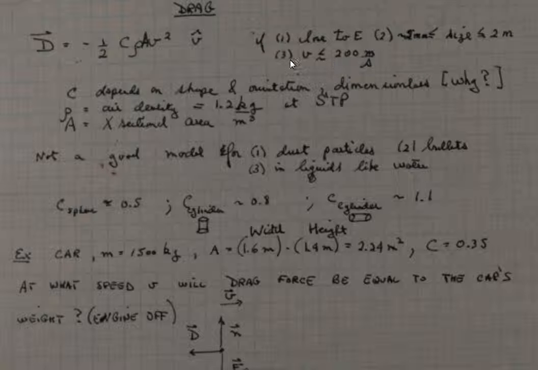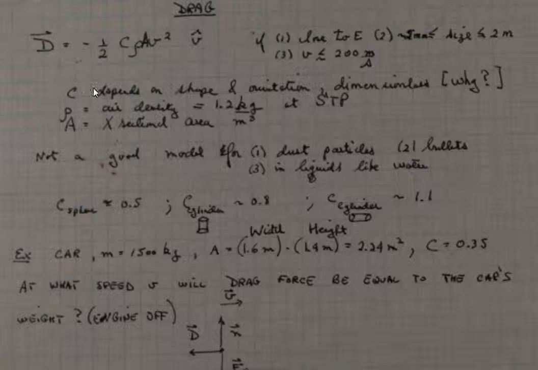And the third caveat is that v can't be too large. It has to be a couple of hundred meters per second or less, because for larger values of velocity, you start getting some nonlinear effects. So with those caveats, we can apply this equation, and it is an approximation, so keep that in mind.